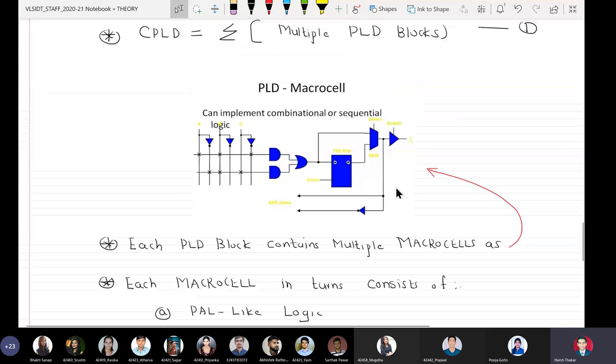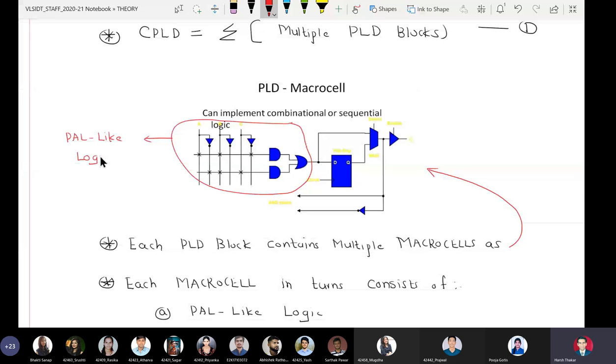Okay, so we can write it like this now. It's very clear, it's a D flip-flop.